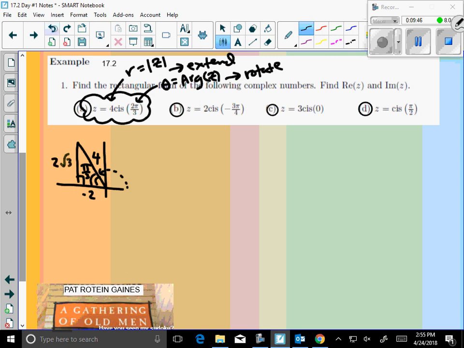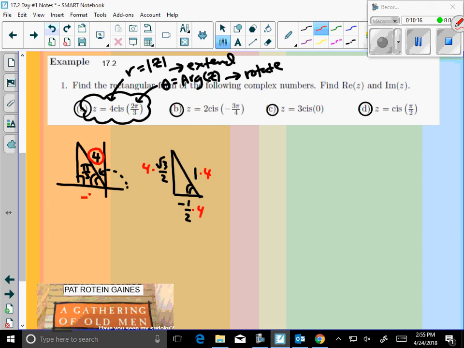If you're uncertain on how to get those side lengths, then what I would do is compare it to a triangle that we do know. So I know the unit circle relatively well. I know if that's 1 and this is pi over 3, then this has to be root 3 over 2, and this has to be negative 1/2. So in order to get 4 from 1, I have to multiply everything by 4.